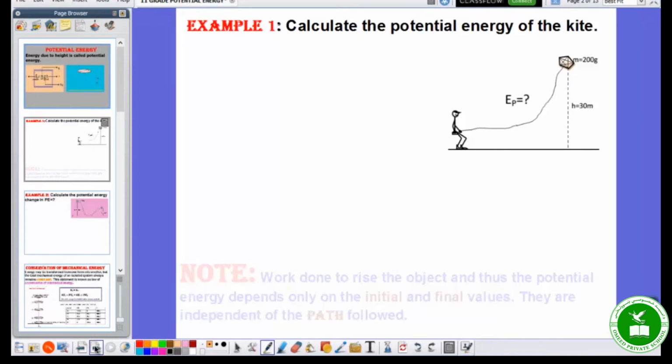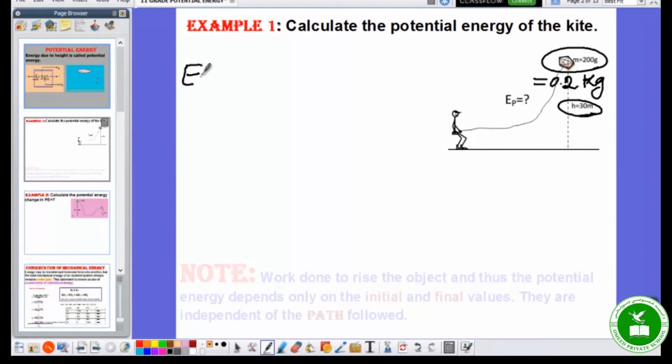Example number 1, calculate the potential energy of the kite. Here the kite is given with a mass of 200 gram, which is equal to 0.2 kilogram. Height from ground is also given as 30 meters. So here we need to calculate potential energy.